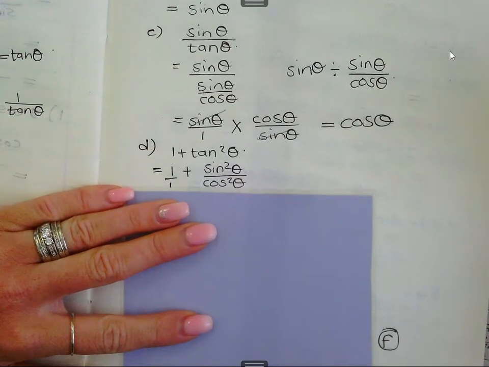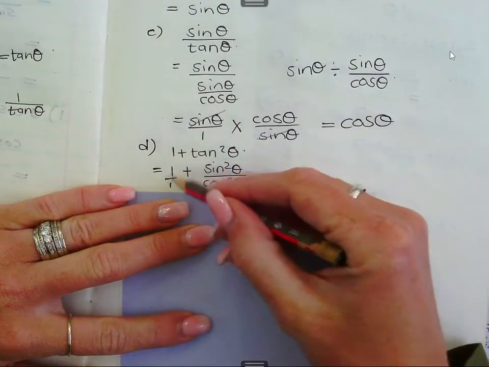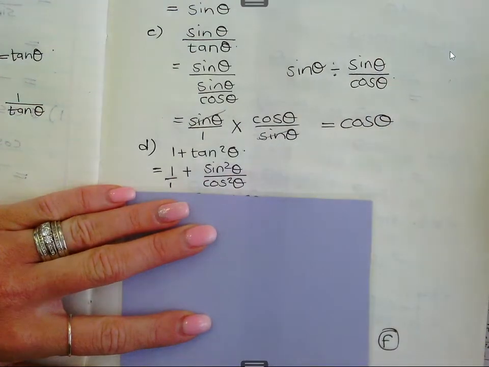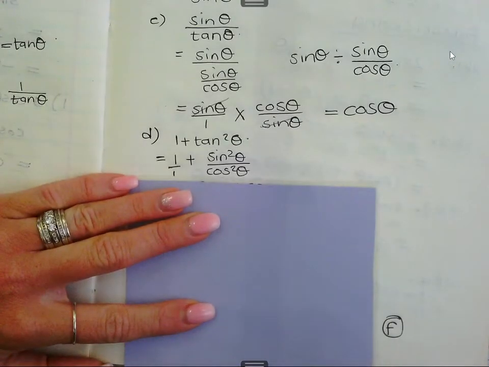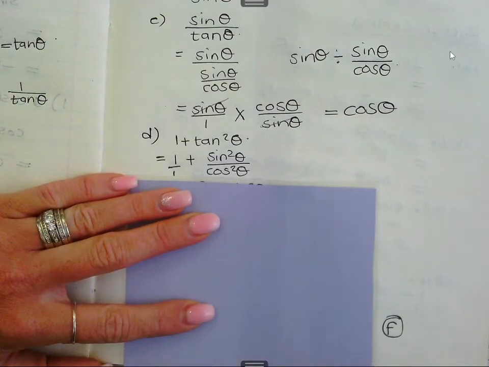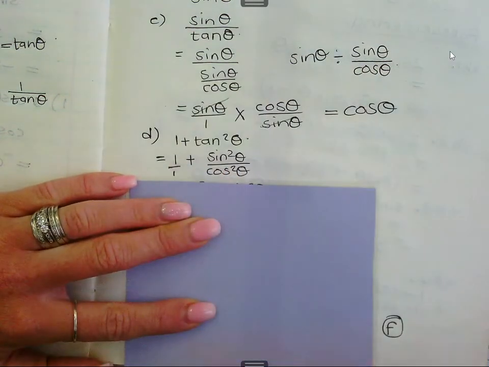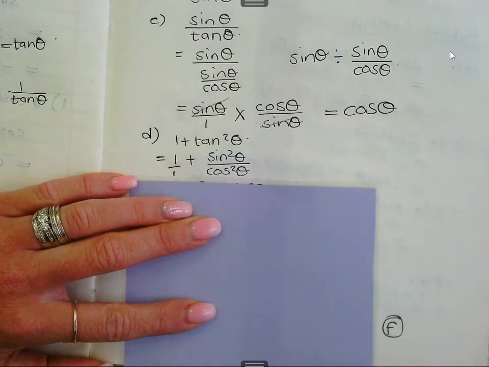Okay. So, if you are in grade 8 now, you will tell me that I'm not saying anything different. Step 1, make all the mixed fractions improper. Do you remember that? So I put that 1 over 1. Step 2, find the LCM denominator and make it one denominator. Make them the same. There's not something that they have in common, so we multiply them with each other. Ne? 1 times cos squared.